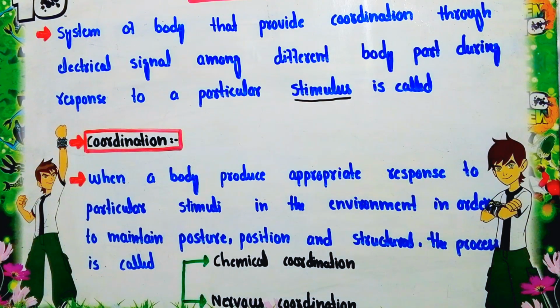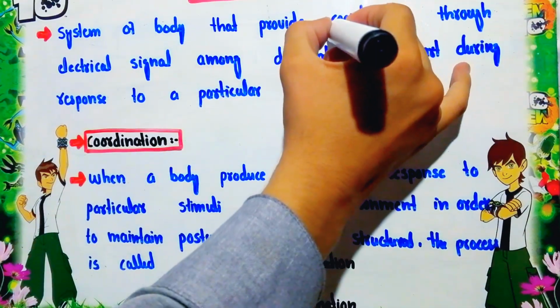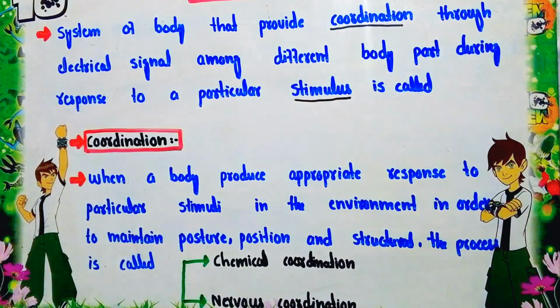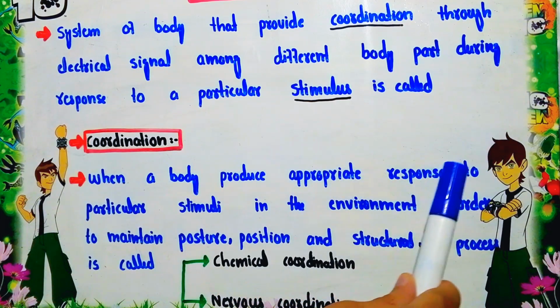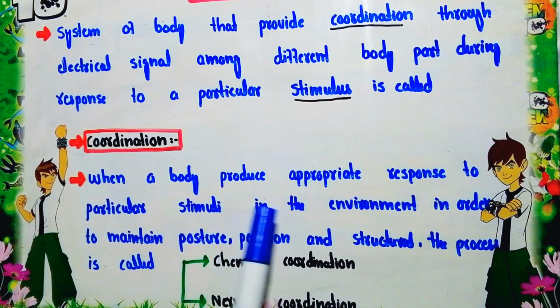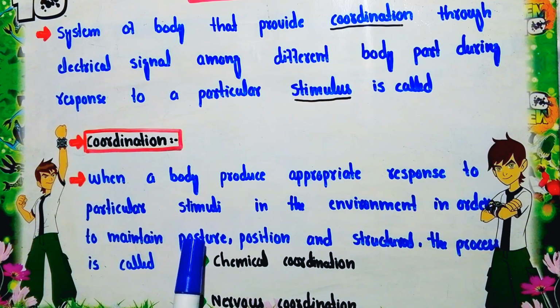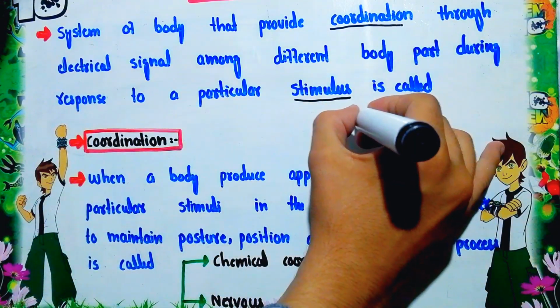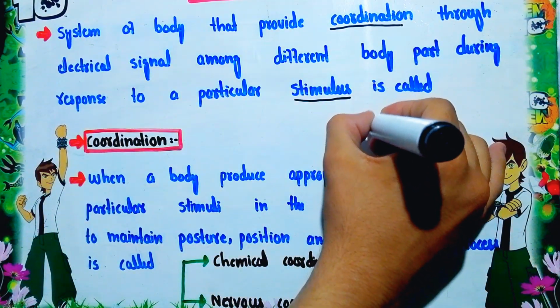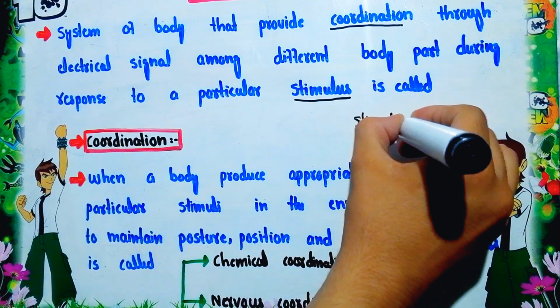Now what is coordination? Coordination is when a body produces an appropriate response to a particular stimulus in the environment in order to maintain posture, position and structure. This process is called coordination. What happens in coordination when a stimulus occurs in the environment?